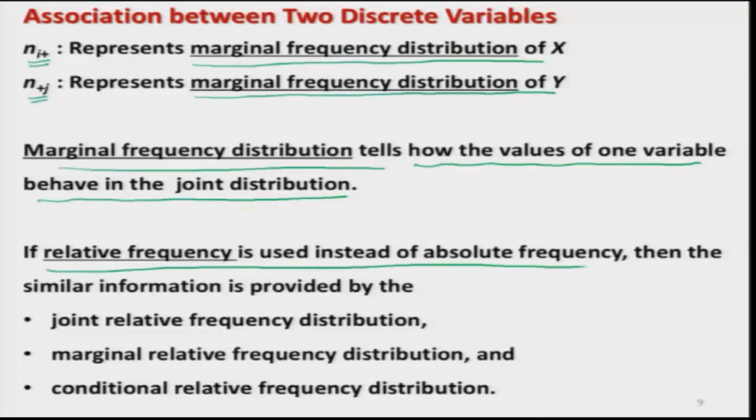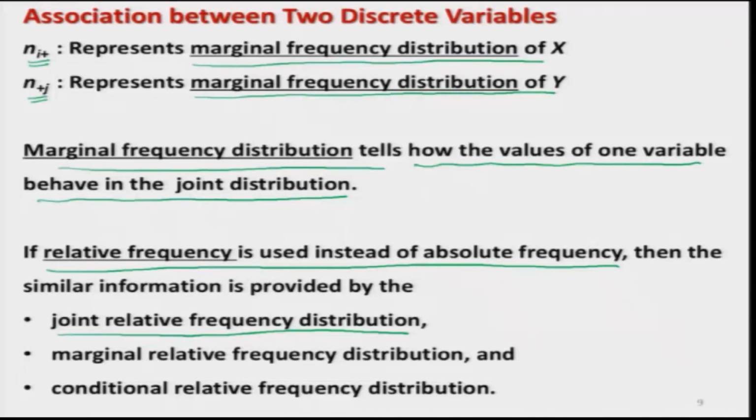And a new contingency table can also be created using the bivariate frequency table based on the relative frequency. So, in case we use the relative frequency in place of absolute frequency, then similar information is provided and we call it the joint relative frequency distribution.